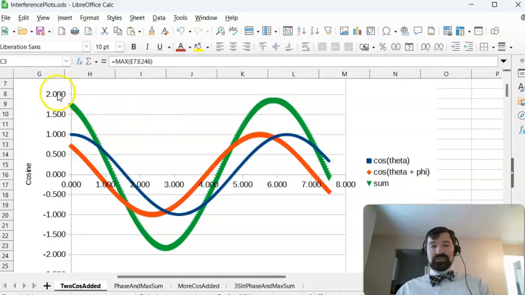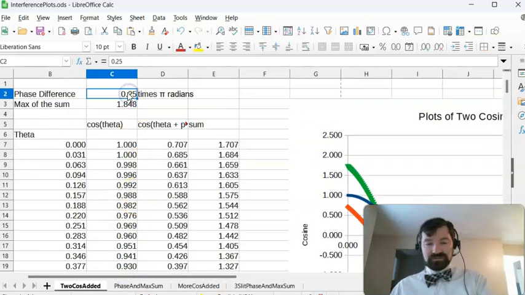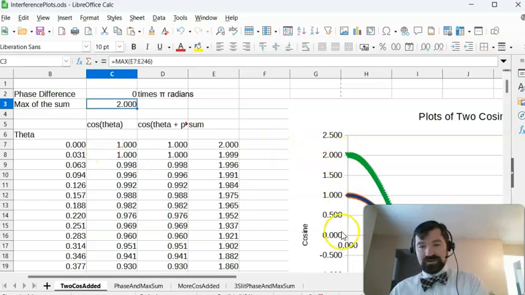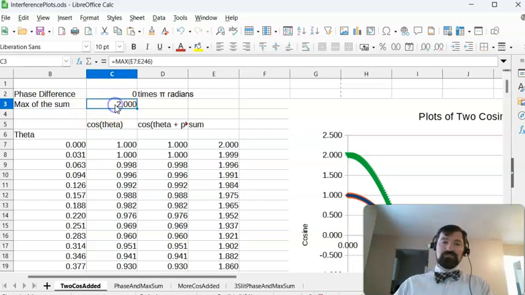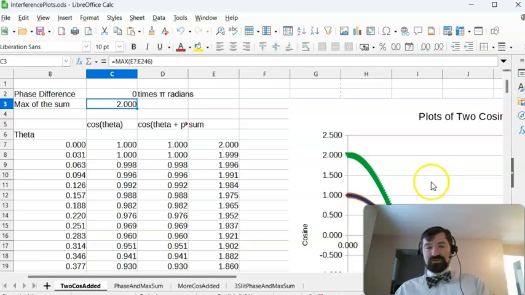See here, this is a value of 2. Each of these has a peak value of 1. If I go back up here again and make this 0, you'll notice that the green now has a value of 2 as the maximum. And in fact, this number below the number that I've been changing is the peak value of the maximum.